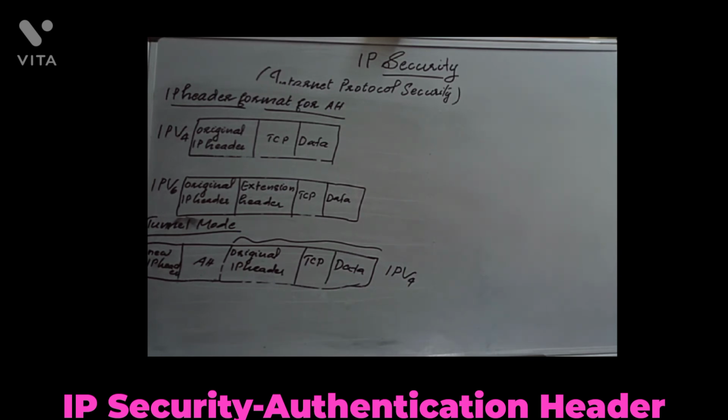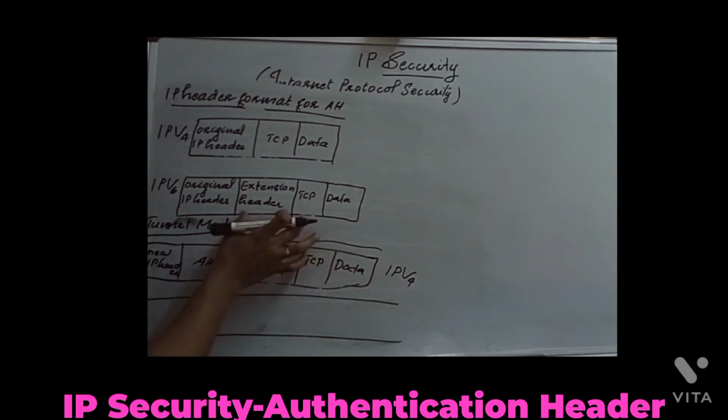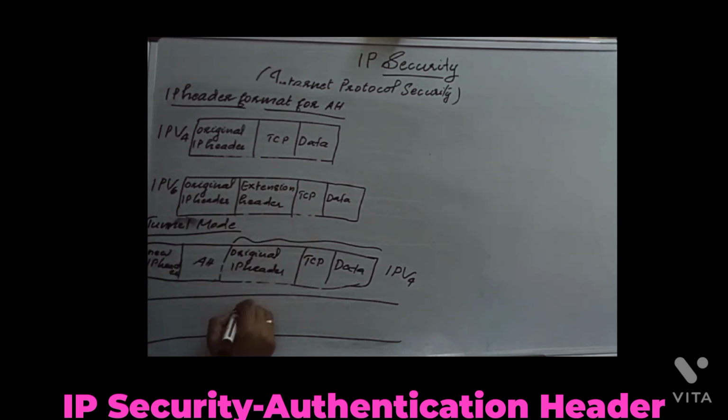Next, in the case of IP version 6, this will be considered as the inner packet, that is original IP header, extension header, TCP, data.